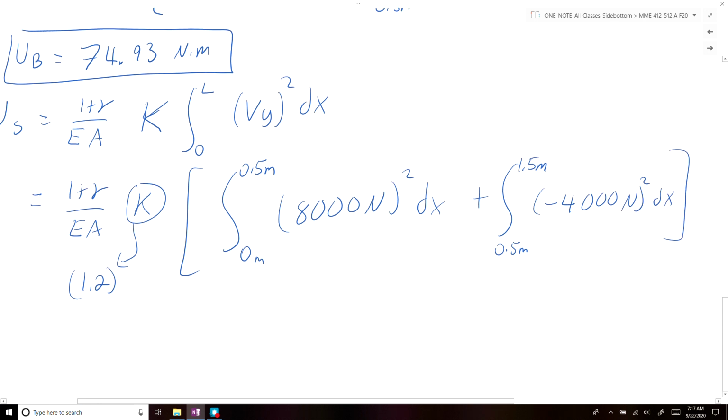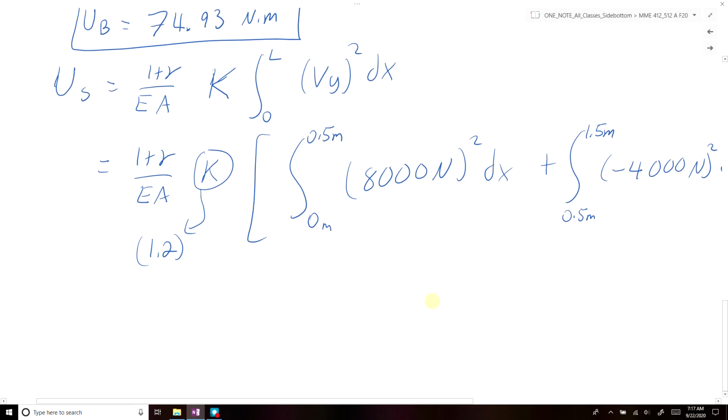After we do those integrals and plug in all of our values, our strain energy due to the shear force would be equal to 0.292 newton meters.